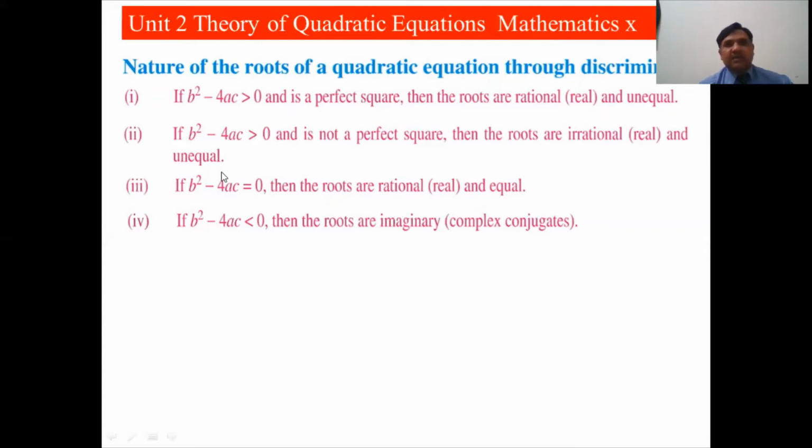And if the discriminant is equal to 0, then the roots are rational and equal, or you can say that they are repeated roots. If the discriminant is less than 0, then the roots are imaginary or complex conjugate of each other.